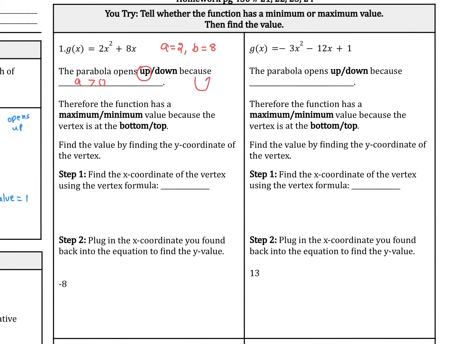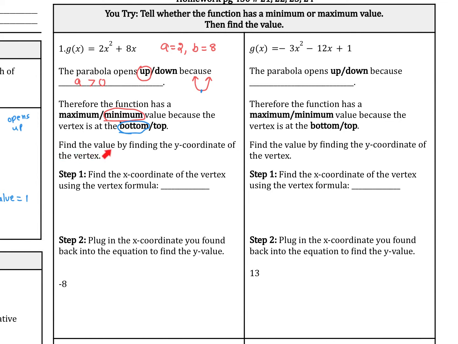It means it should look like this one. If it opens up, then the function should have a minimum value, because the vertex is all the way at the bottom of the parabola.